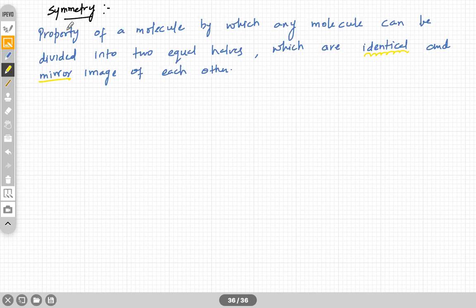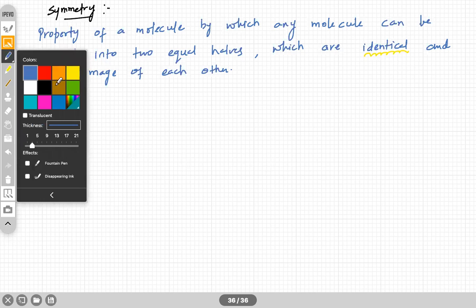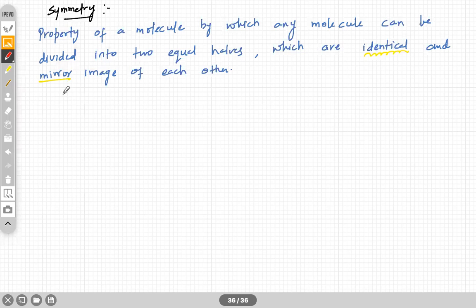There are various different types of symmetry present in a molecule, and we call these elements of symmetry. We have four different types of elements of symmetry.